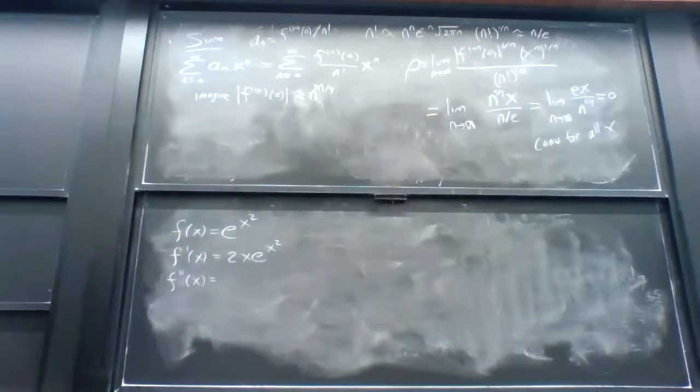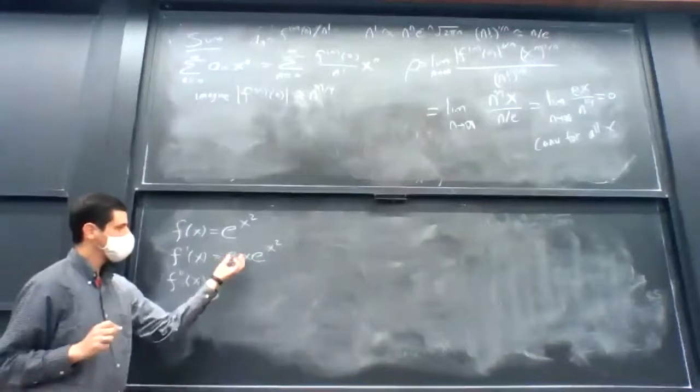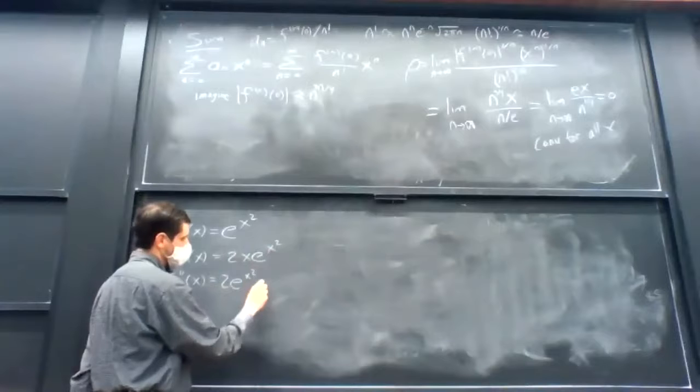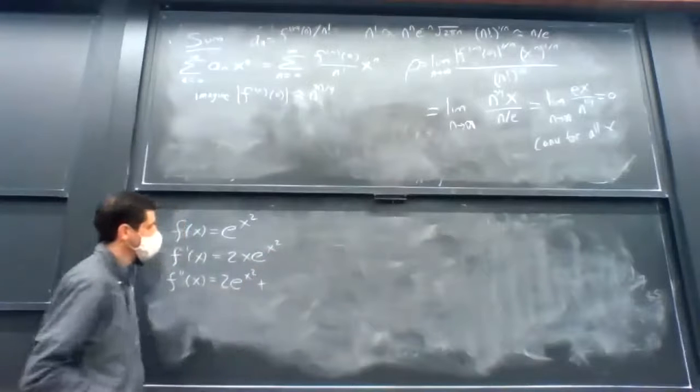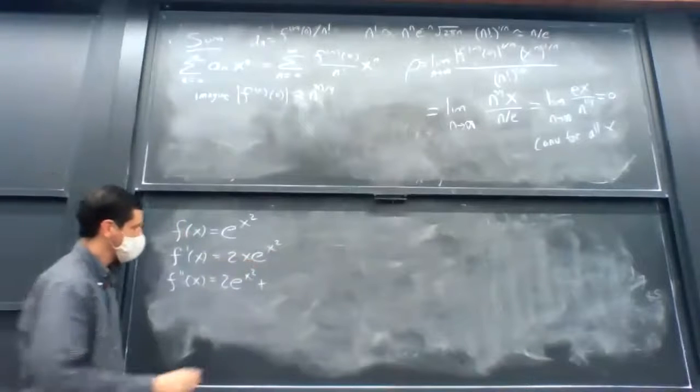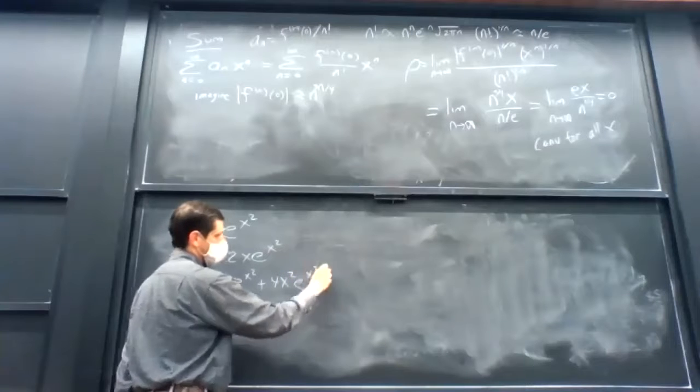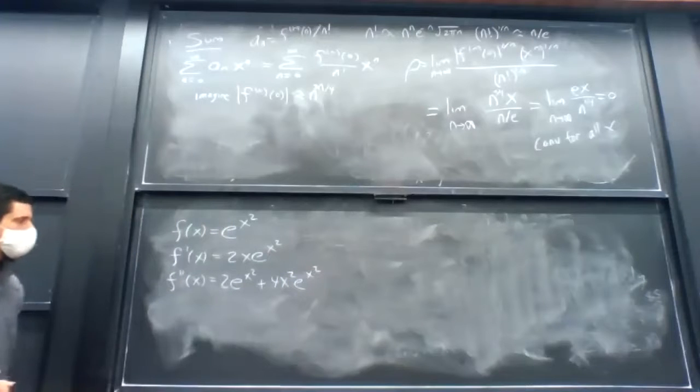You have to do the product rule, then the chain rule. So first when we do the product rule, it would be the derivative of 2x times e to the x squared, which would be 2 e to the x squared. And then we would have another 2x coming down, so it would be 4x squared. And you can start to see it's going to become a nightmare.